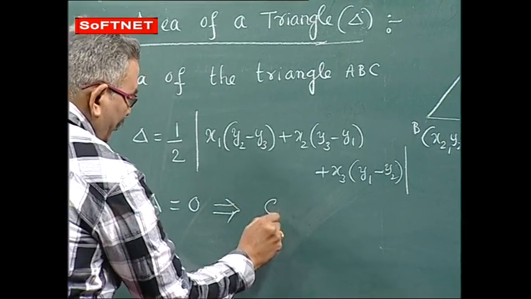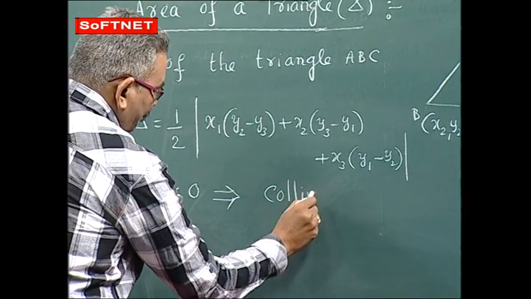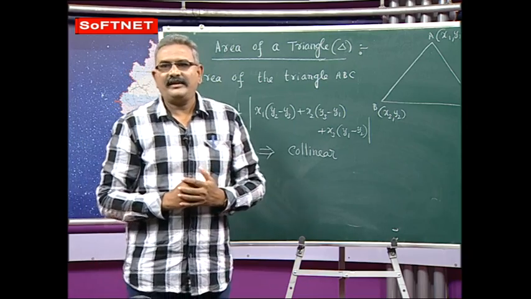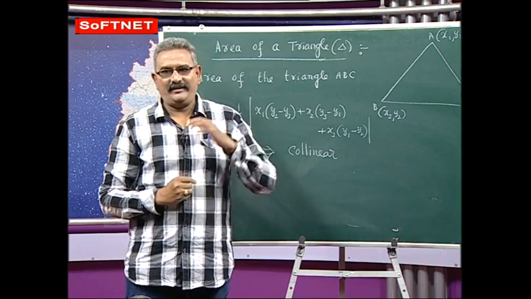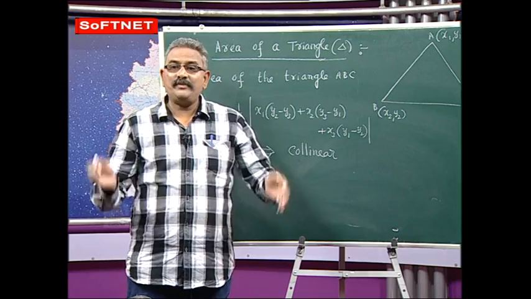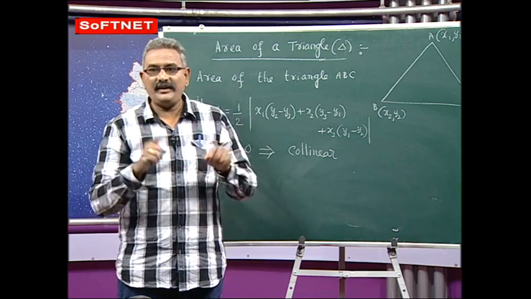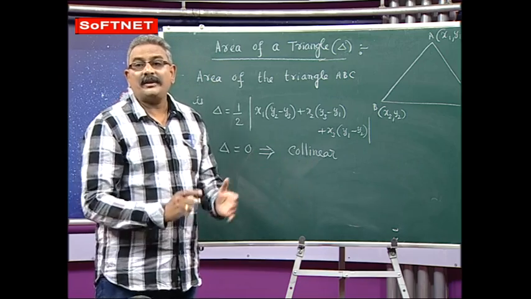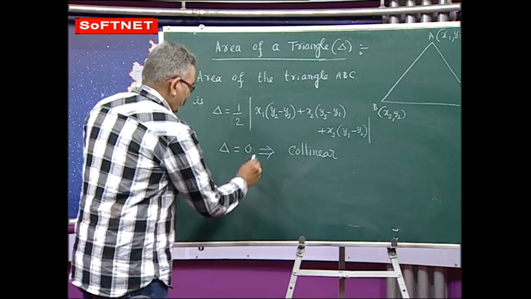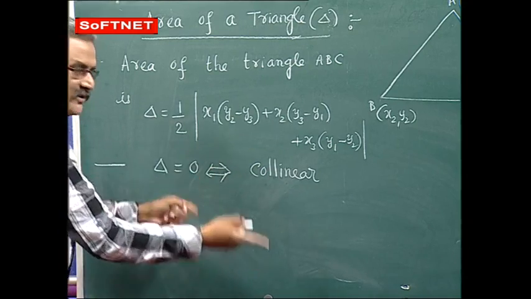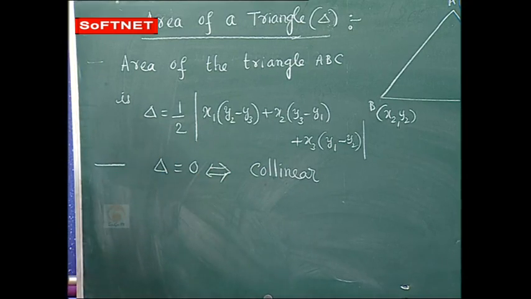Collinear means they lie on the same line. If the points lie on the same line, they are said to be collinear. If they are collinear, delta is equal to 0. If delta is equal to 0, the points are collinear.